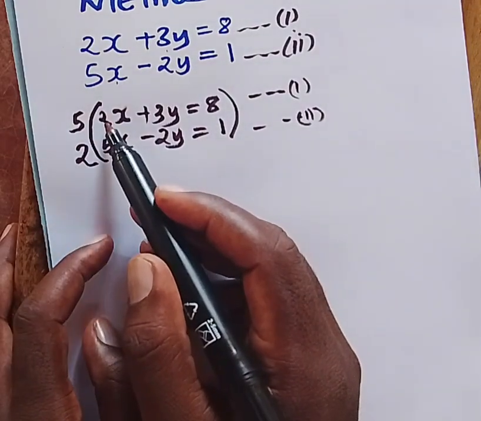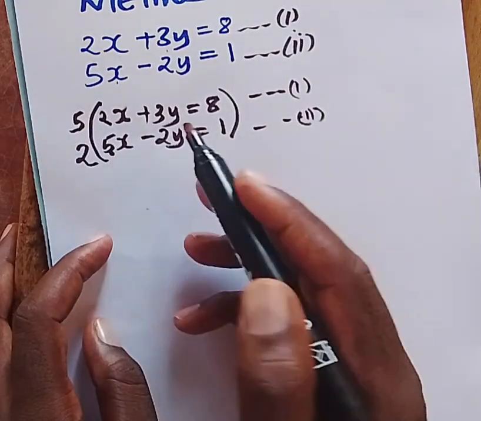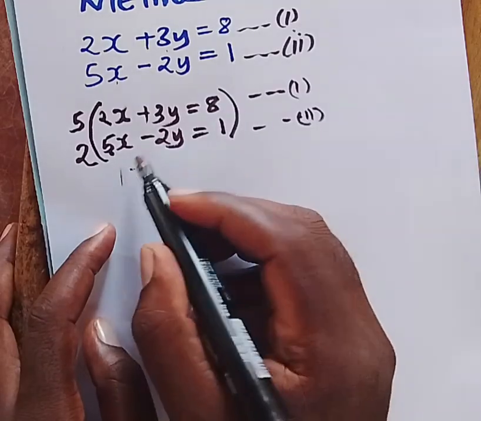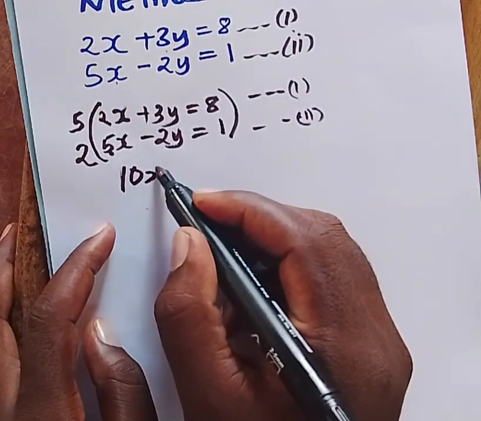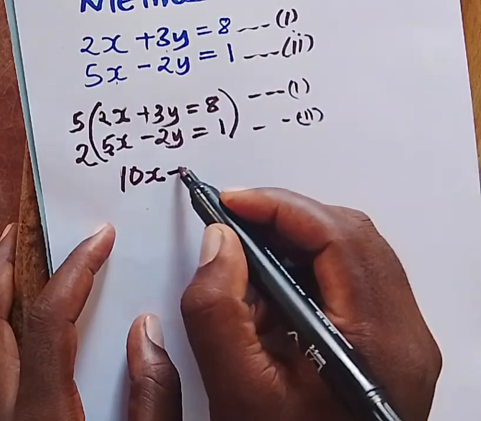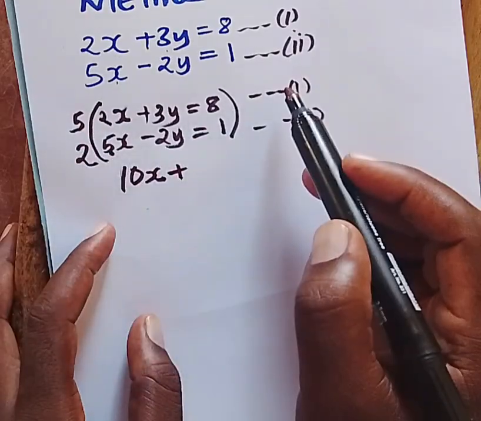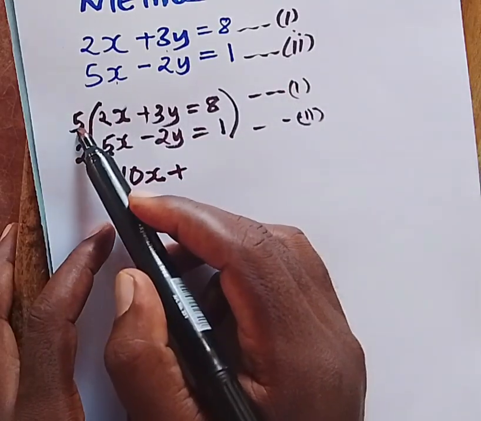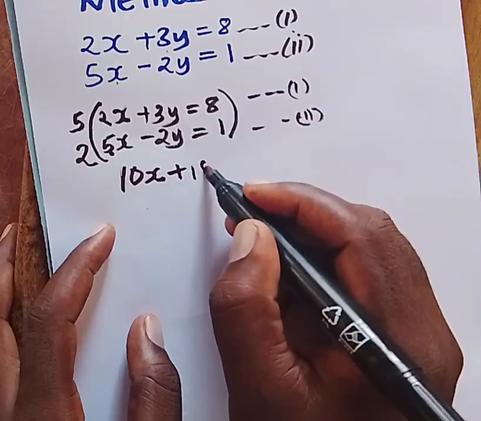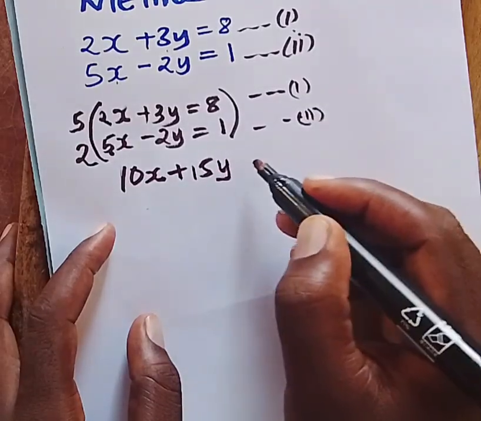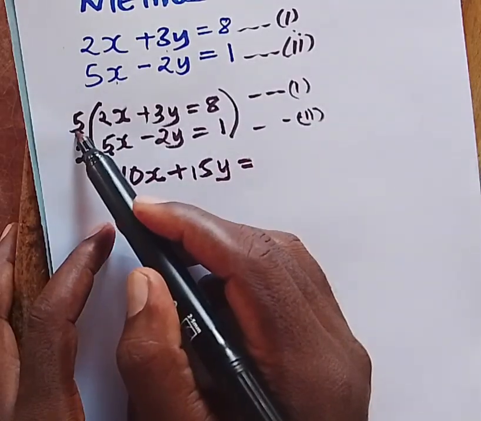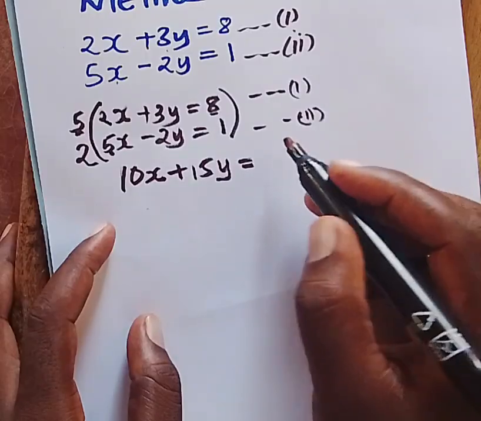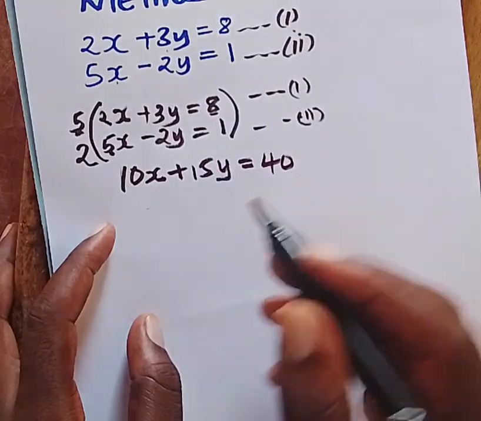Starting with equation 1, 5 times 2x gives 10x, plus 5 will multiply across: 5 times 3 is 15y, is equal to 5 times 8, which is 40.